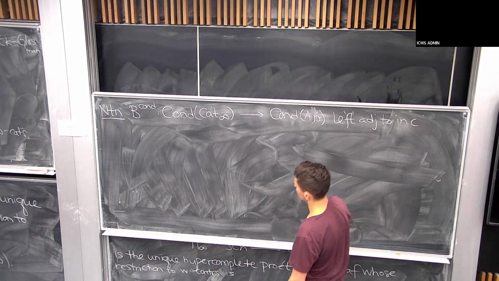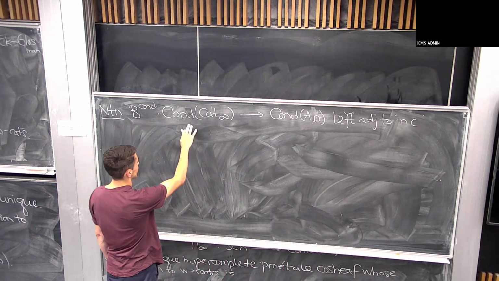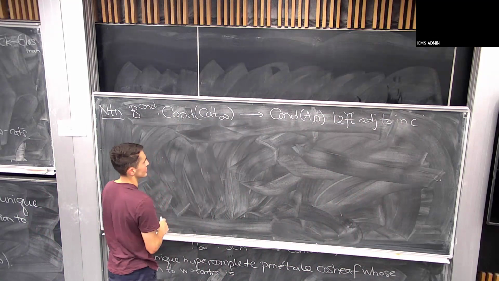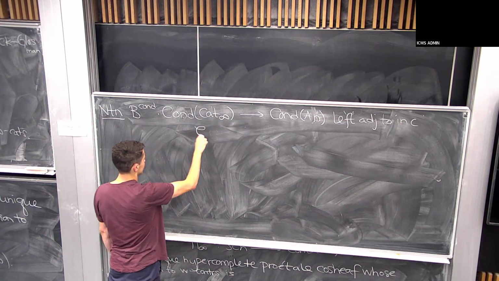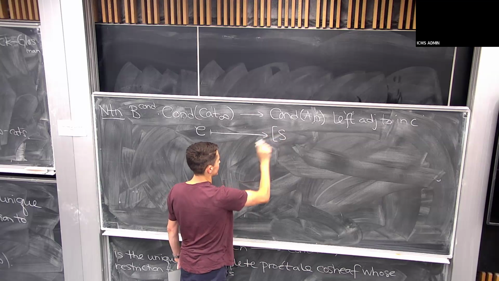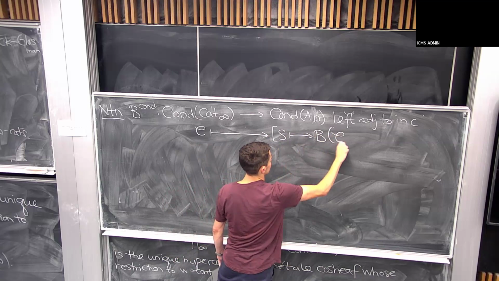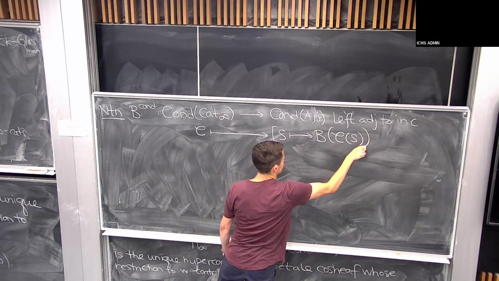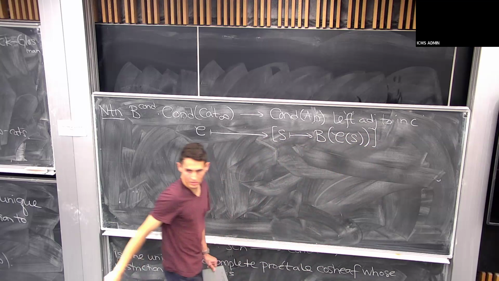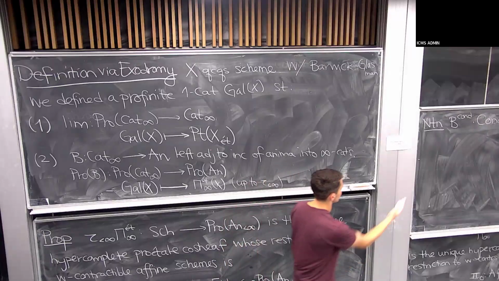And since this functor B preserves finite products, this is actually just given by composition with this. So it would send your condensed infinity category to the guy that sends an extremely disconnected profinite set S to B applied to the category of sections over S. So it's in some sense quite explicit if you can understand what your condensed infinity category is.